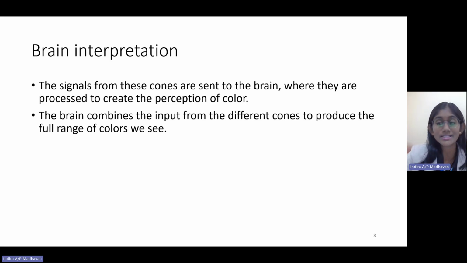Since longer wavelengths have a range, the brain has the idea that if, let's say, it is 700, then it should be this color, and 710 will be a different color. Once the brain receives that, it refines the information, and based on that, we are able to perceive the color.